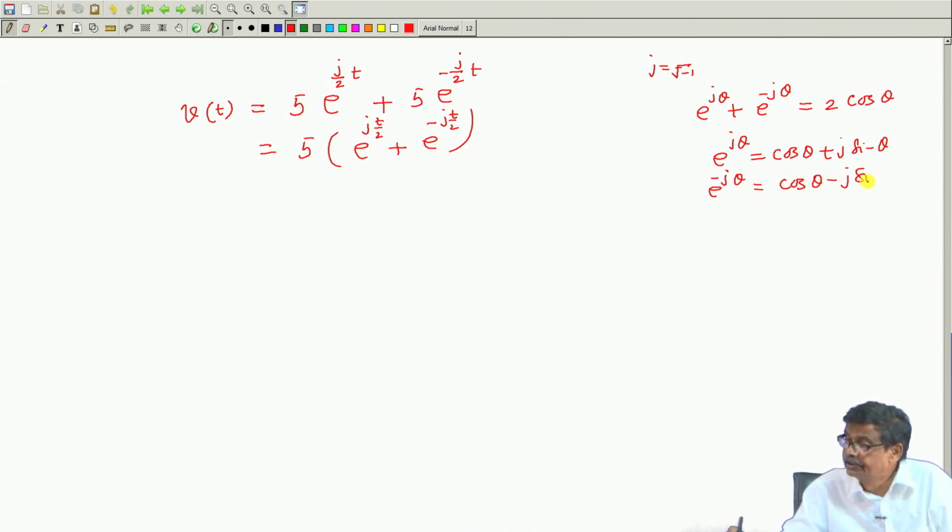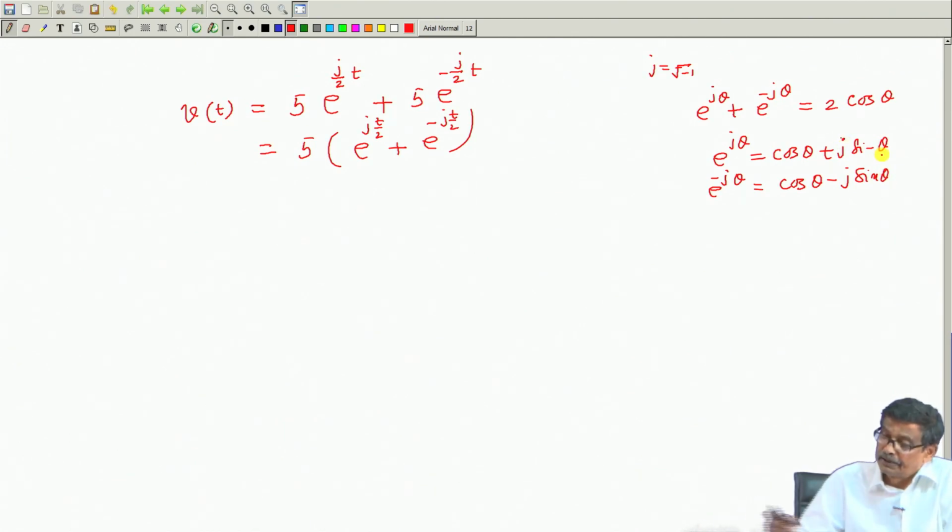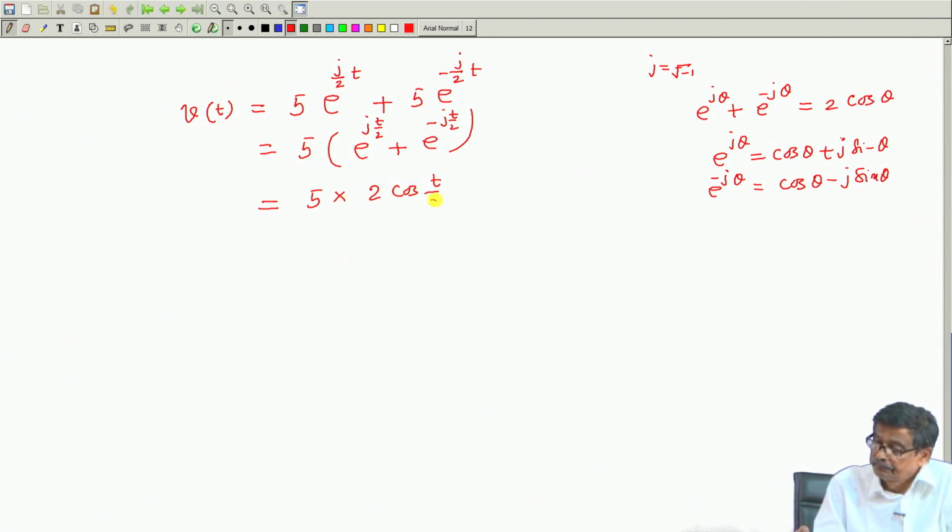We will be often using this. So, I hope you know this complex algebra. So, 5 into 2 cos t by 2, which will be equal to 10 cosine t by 2.